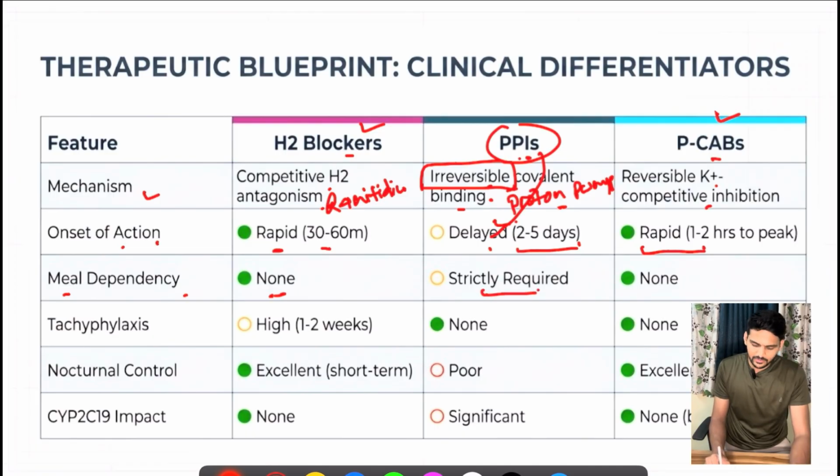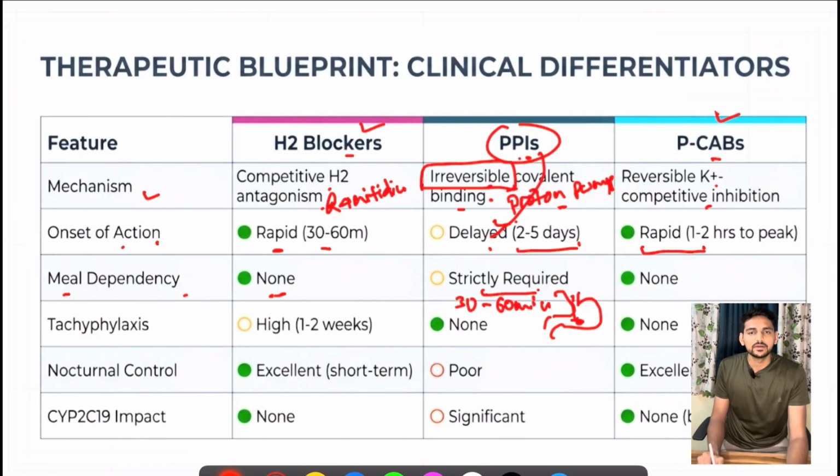As you might already know, these medications should be taken a minimum of 30 to 60 minutes before meals, because on an empty stomach, when there is concentrated acid in the stomach before meals, it is easier for these medications to get activated, because these are prodrugs. They need stomach acid for activation.